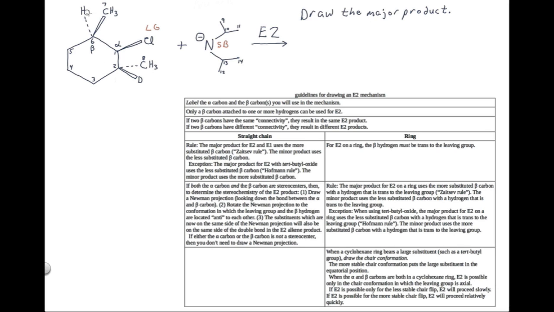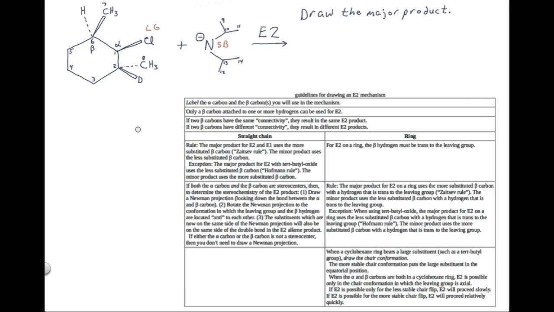To actually show this hydrogen oriented anti to the chlorine, you would have to draw the chair conformation. But again, that's not necessary on this problem. It's good enough to know that we could draw a chair conformation where the hydrogen is anti to the chlorine. We just know that we could.